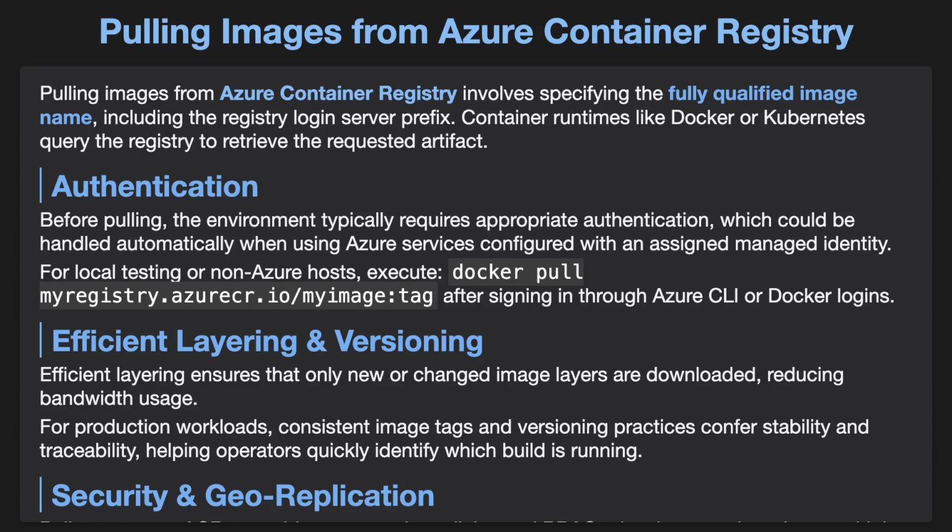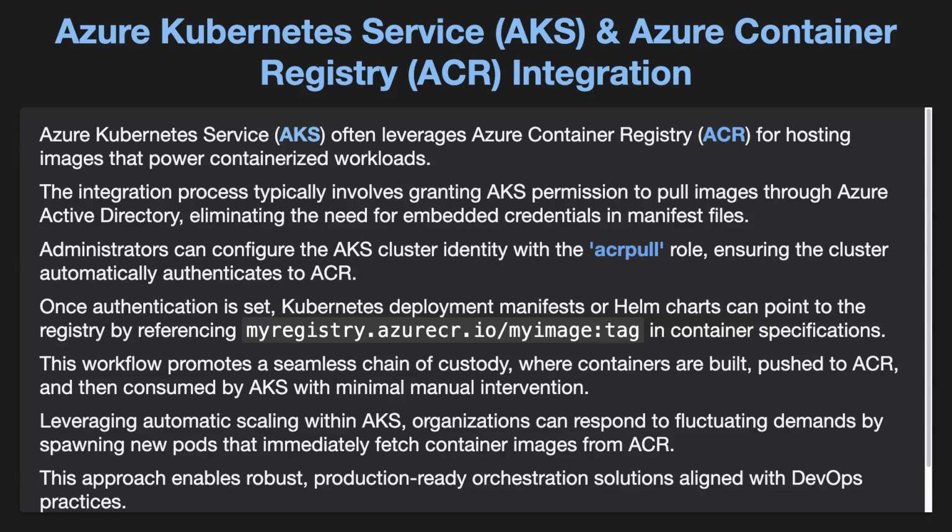Azure Kubernetes Service, AKS, often leverages Azure Container Registry for hosting images that power containerized workloads. The integration process typically involves granting AKS permission to pull images through Azure Active Directory, eliminating the need for embedded credentials in manifest files.